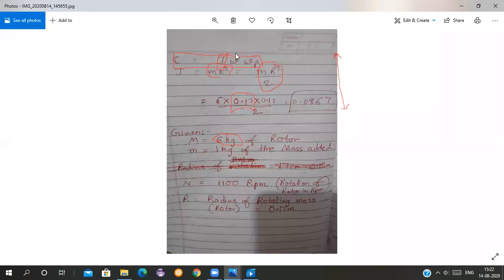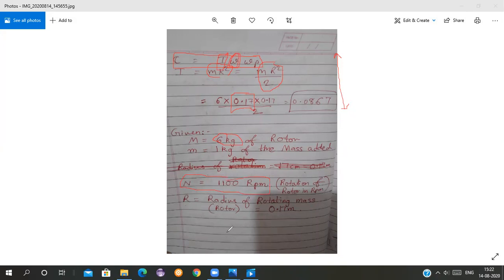Omega is the rotation, the rpm at which the rotor is rotating about its own axis. This omega is given by n, 1100 rpm.